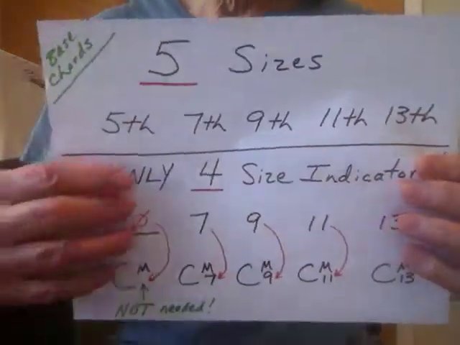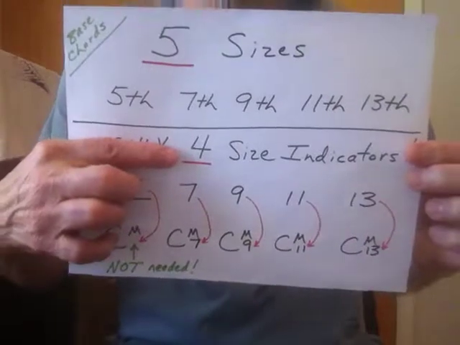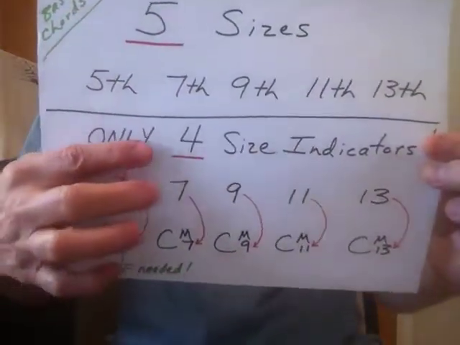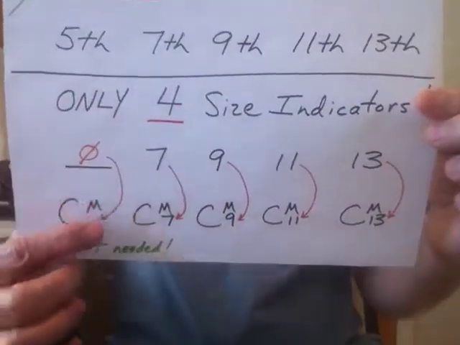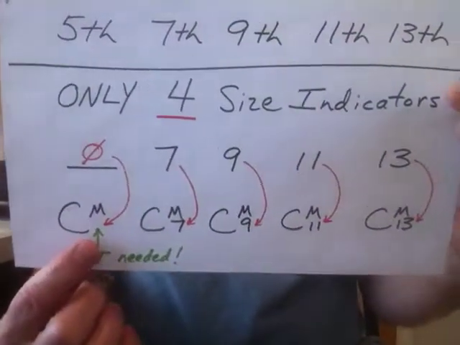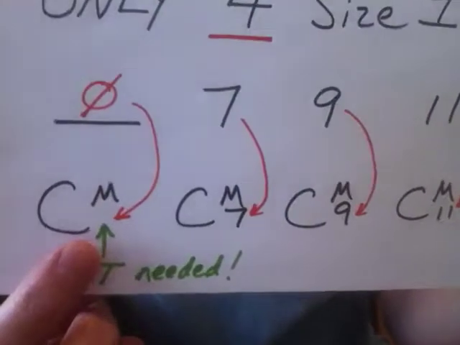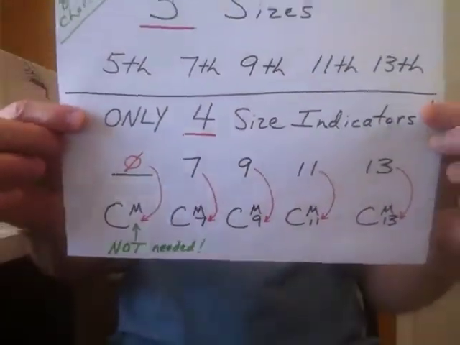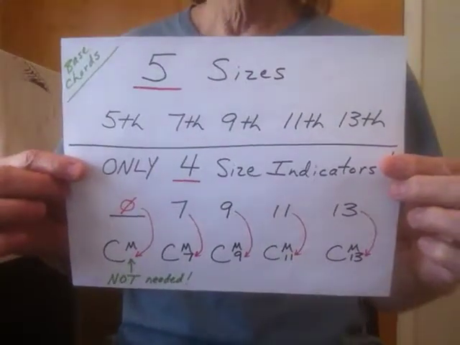Very simple. There are only 4 size indicators, but there are 5 sizes of bass chords, because no size indicator is needed for the 5th chord. That's what I call the 5th chord in my system. We went over that, so you should know that by now.